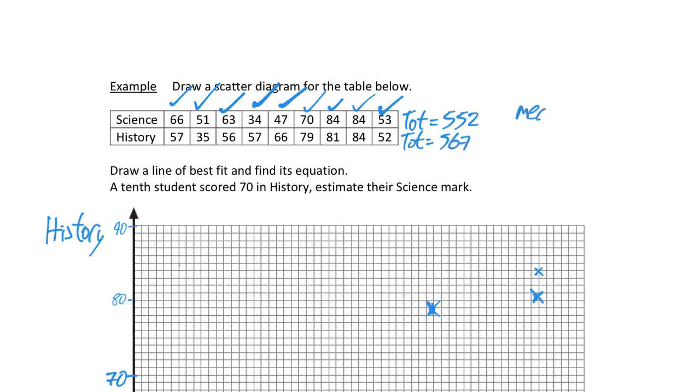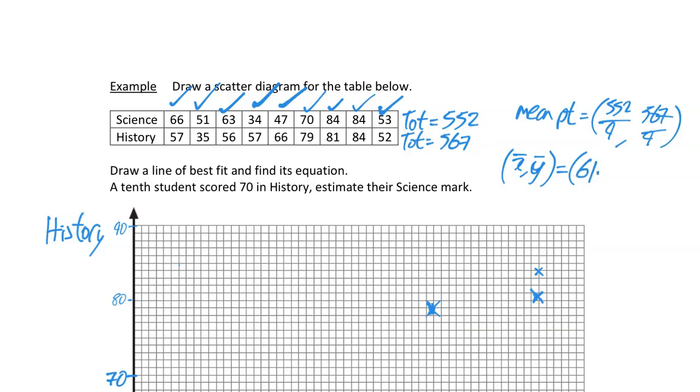So my mean point is going to be 552 divided by 9 and 567 divided by 9. That means my x bar, y bar, remember, is a point which my line of best fit must go through, is 61.3 and then 63.